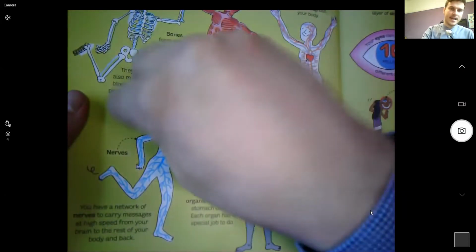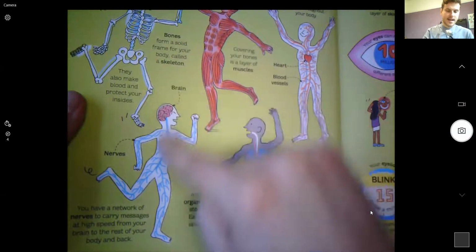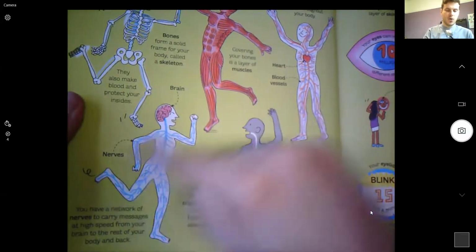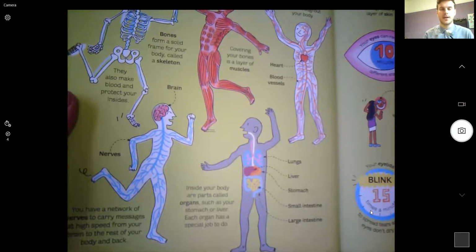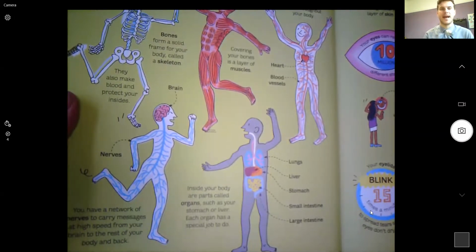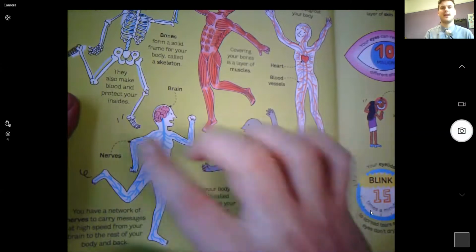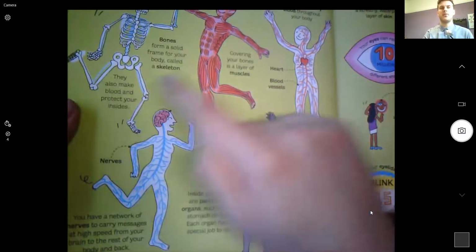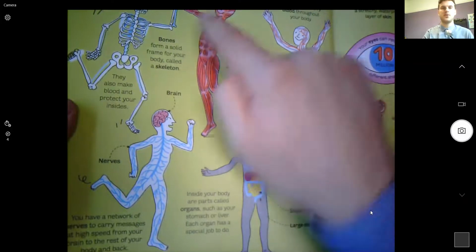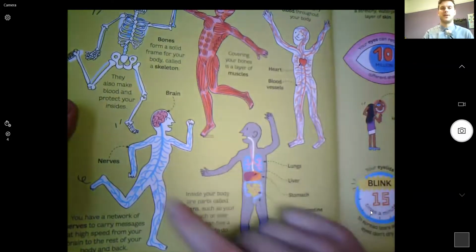So your brain is the hub, and that is sending information to all the different parts of our body. So on yours, can you add in a brain and some nerves? Now, you don't need to add in loads of them, because I realise it might get quite crowded on your page. So a couple of bones, a couple of muscles, and a couple of nerves.